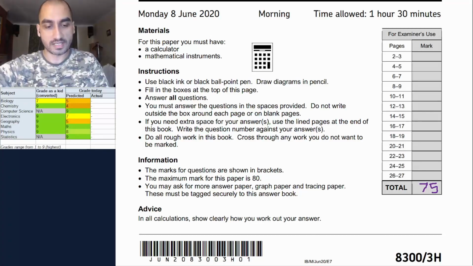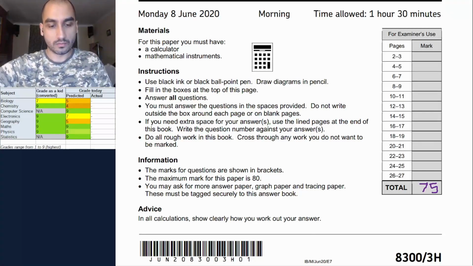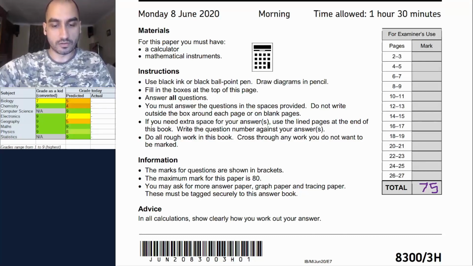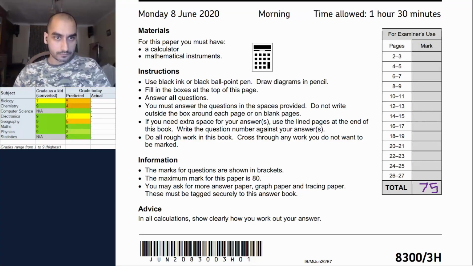Let's look this up. GCSE. What is the mark boundary for grade 9? What percentage gets a grade 9? No, that's how many people get a grade 9. I don't care how many people get grade 9. Here we go.